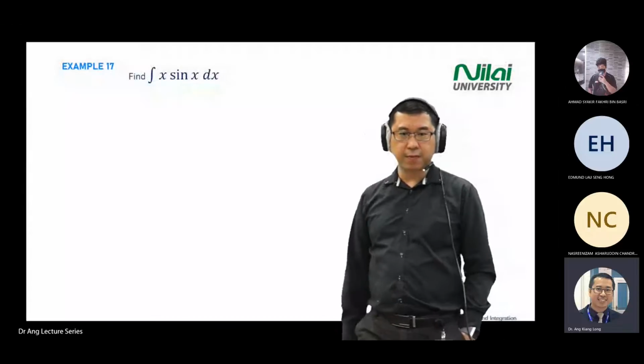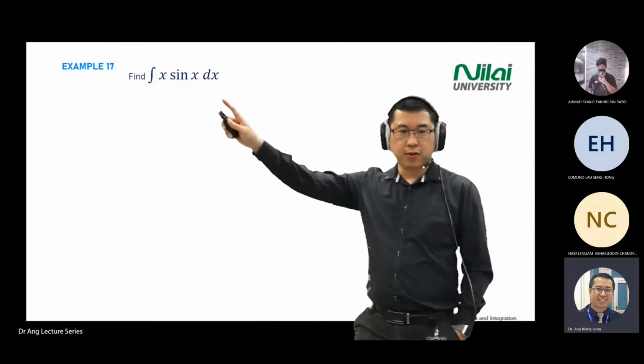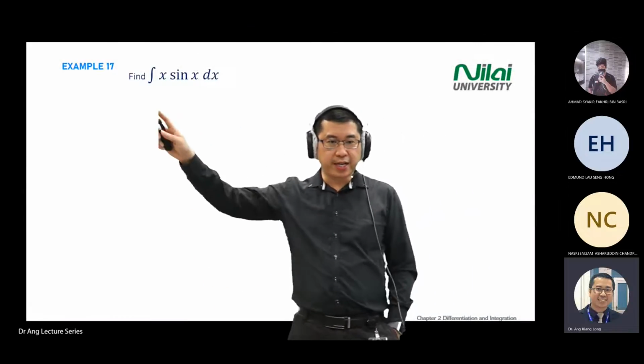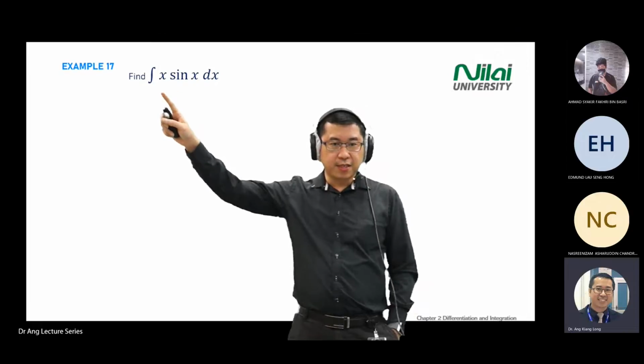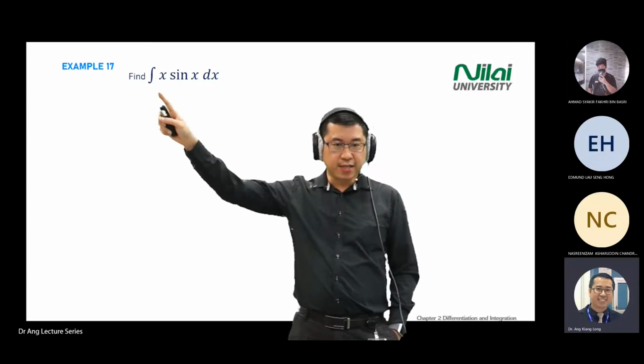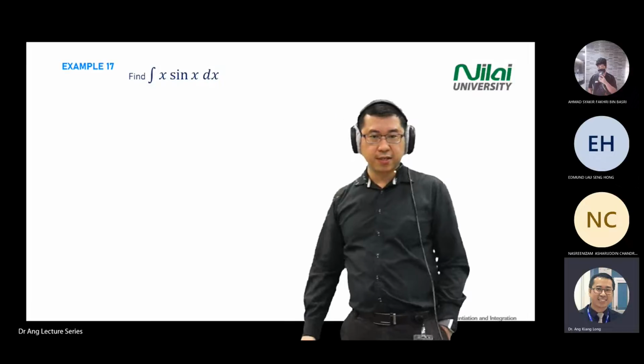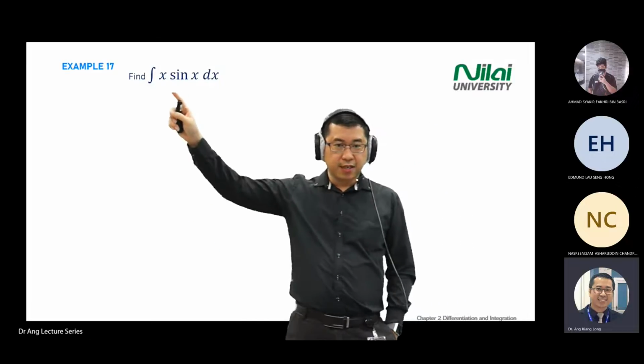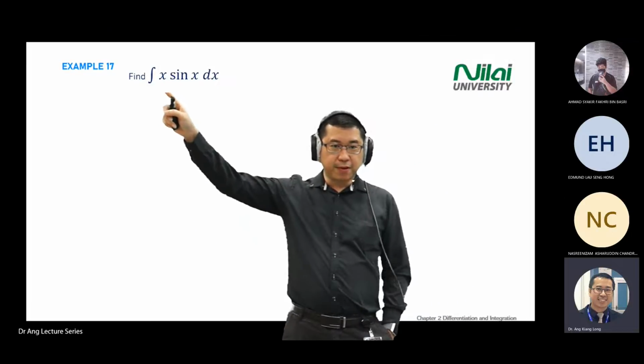Let's look at one example. Example 17 asks you to find the integration of x sine x dx. Basically, within the integral symbol, you see there are two functions there, right? x and sine x.